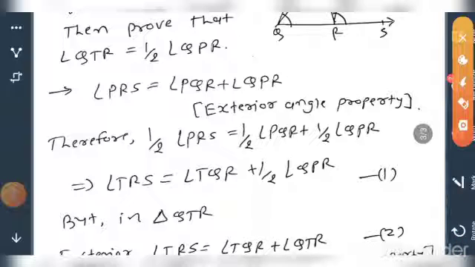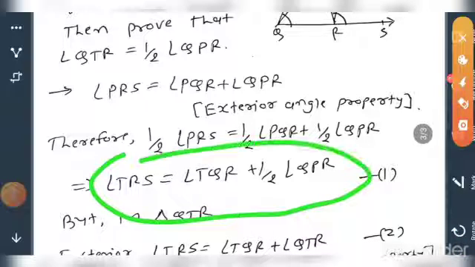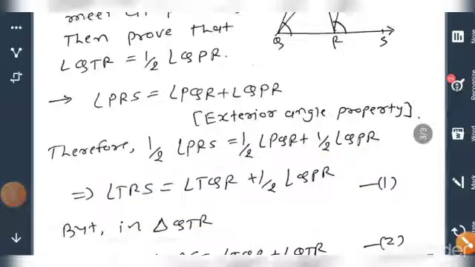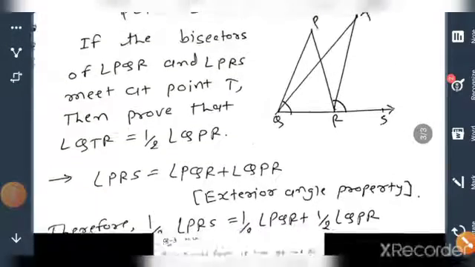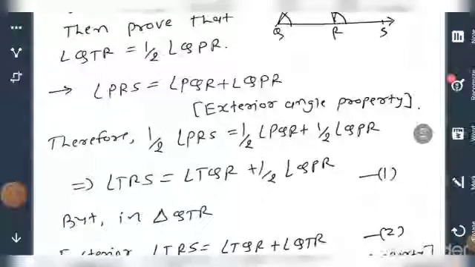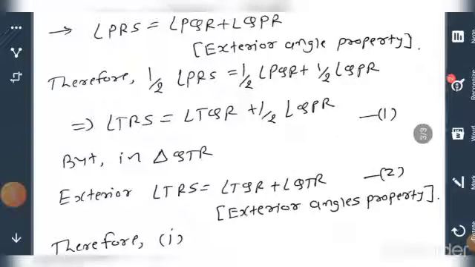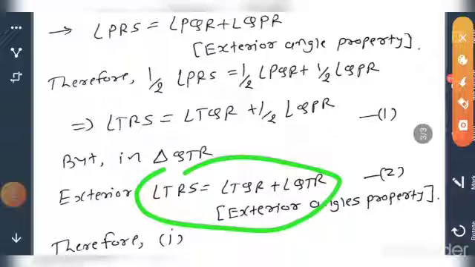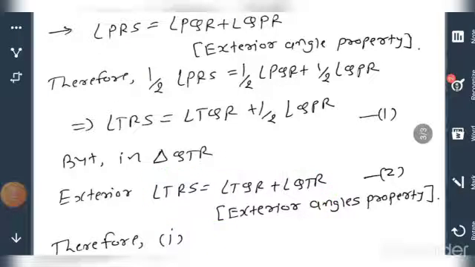So we get TRS is equal to TQR plus 1 by 2 QPR. In this way you can find TRS is equal to TQR plus QTR, that is the exterior angle property.